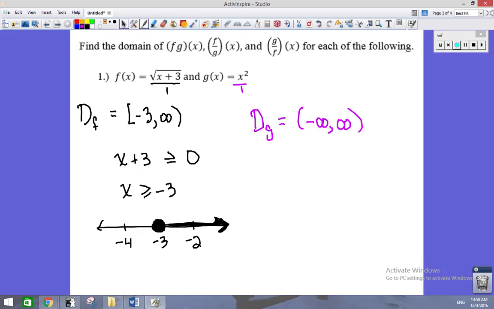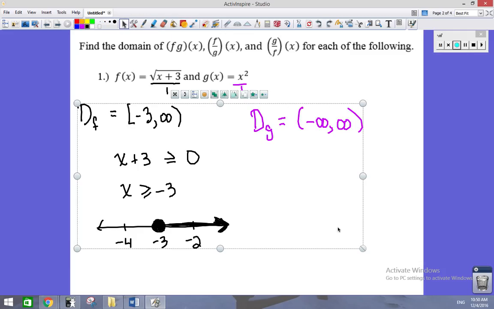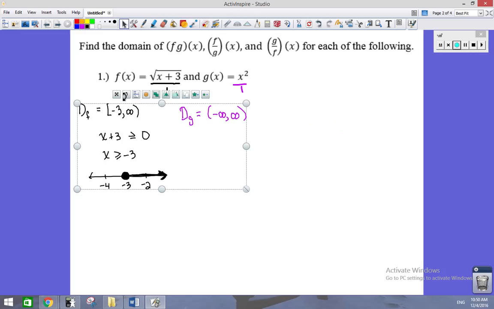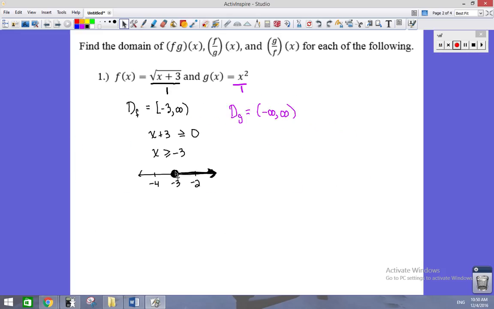Okay, so let's draw that picture, and we'll draw it right below our picture for the domain of f. Let's label that. This graph was for the domain of f, and this number line is for the domain of g, and it's all real numbers. The whole thing is shaded.